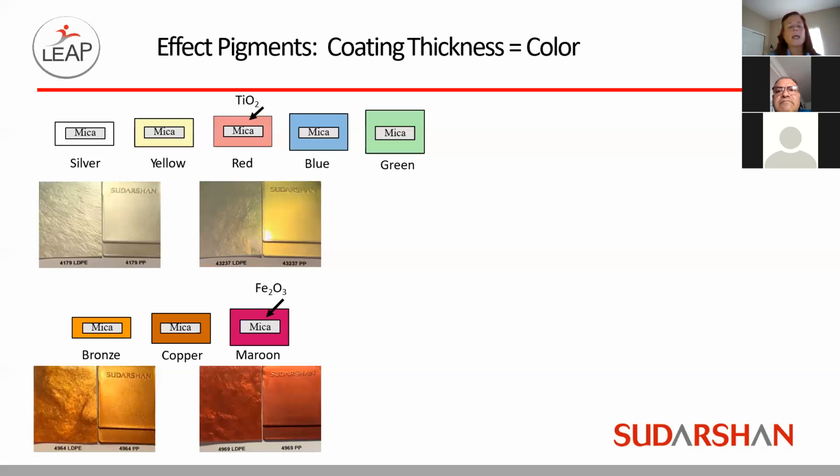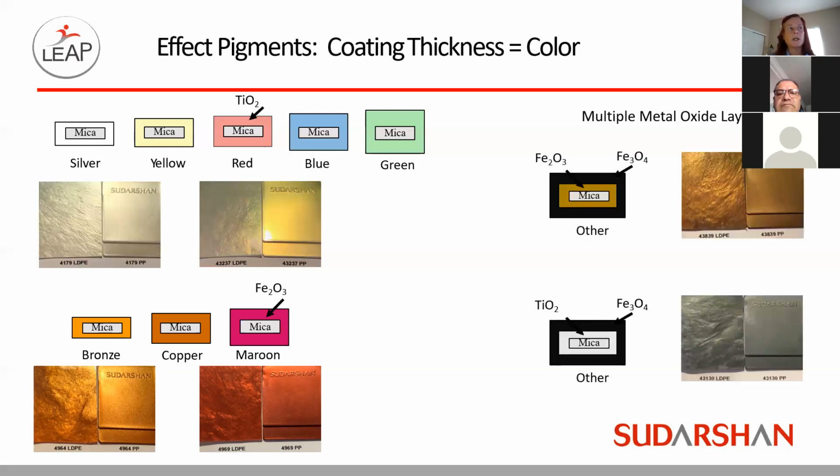Now, there are many ways to get different colors out of a mica. When you start to combine multiple layers of different metal oxides, you can continue to expand the color spaces that are available. So here's just a couple of examples where we've combined two different types of metal oxides.